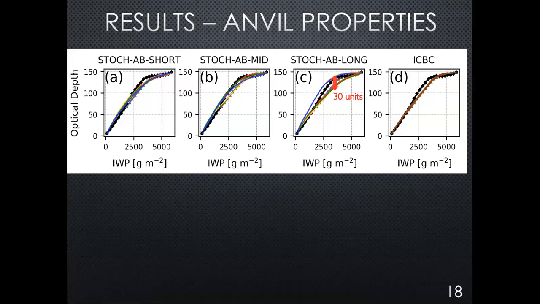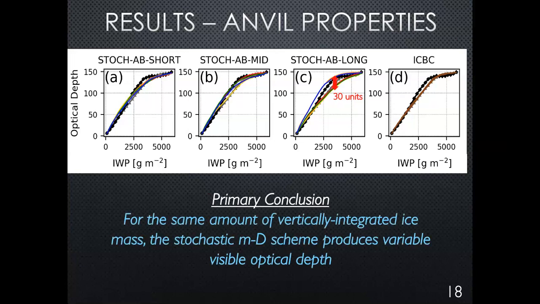Whereas conversely, the ICBC ensemble, despite previously being shown to produce median optical depth variability of up to 20 units, here it produces a very strict relationship between ice water path and optical depth. So the primary conclusion here regarding the stochastic scheme is that for the same amount of vertically integrated ice mass, it's able to produce a variable visible optical depth.